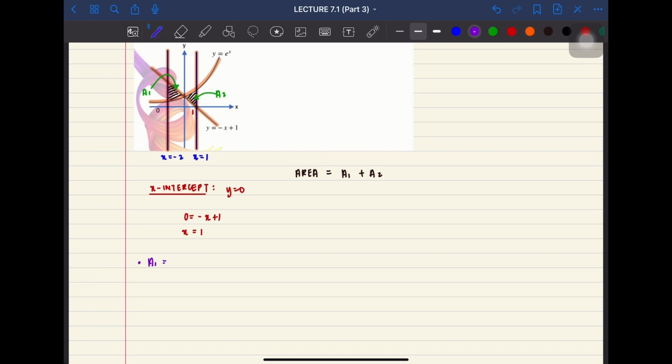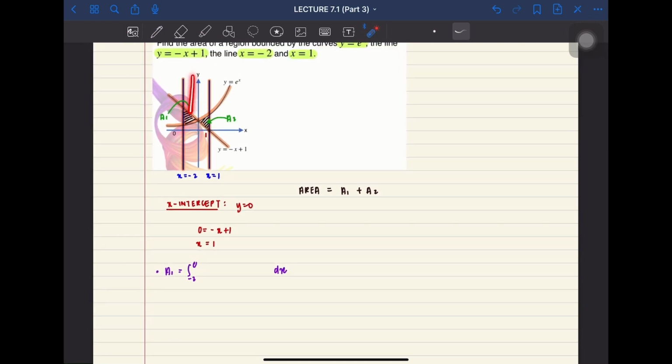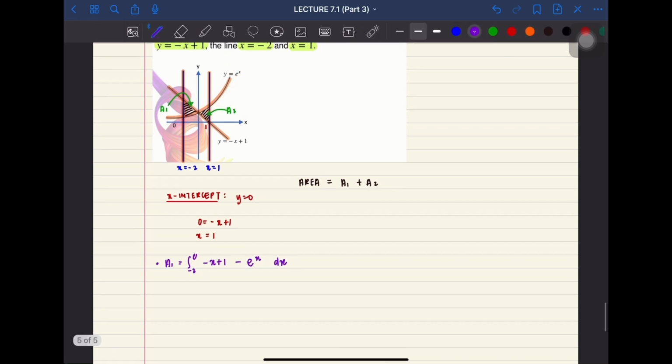So A1 adalah daripada negatif 2 sampai 0. Negatif 2 sampai 0. So negatif 2 sampai 0 dx. So bila dx atas tolak bawah kan. So kita tengok untuk yang A1 tu dari atas. Kita ada negatif x tambah 1. So negatif x tambah 1 tolak. Yang bawah adalah function dx. Okay.